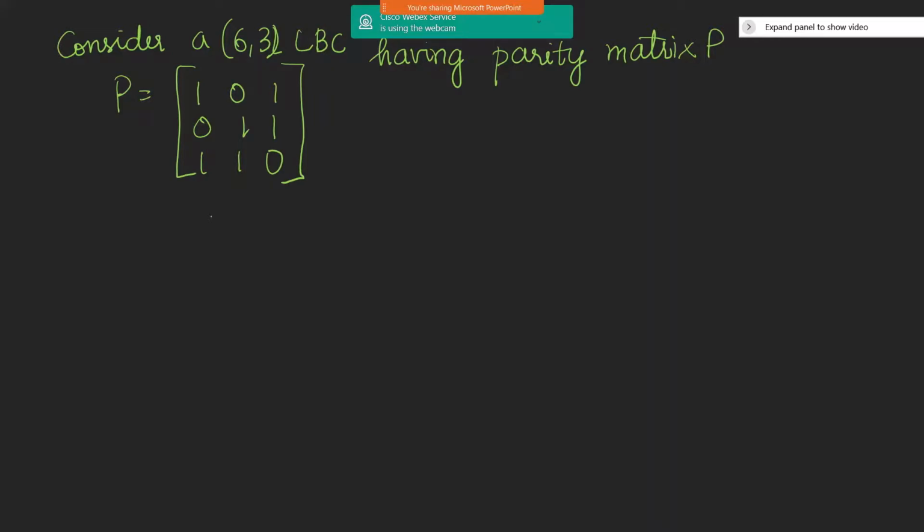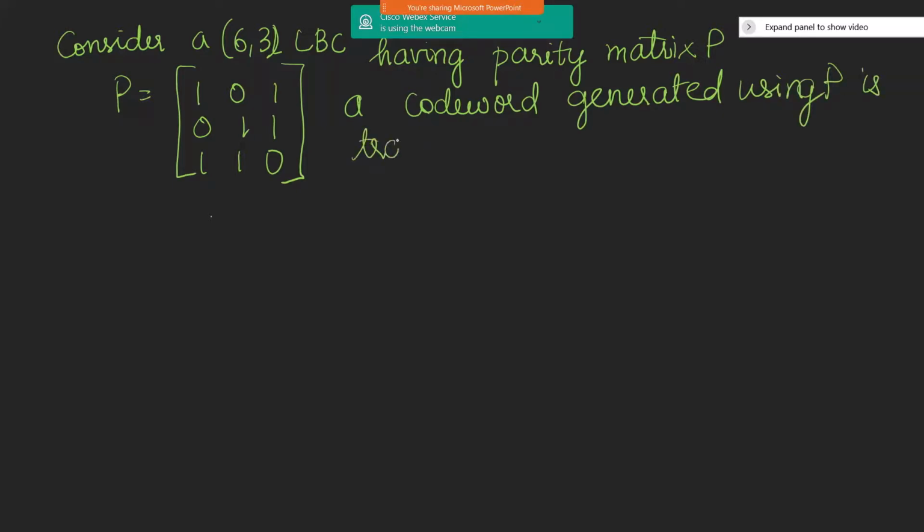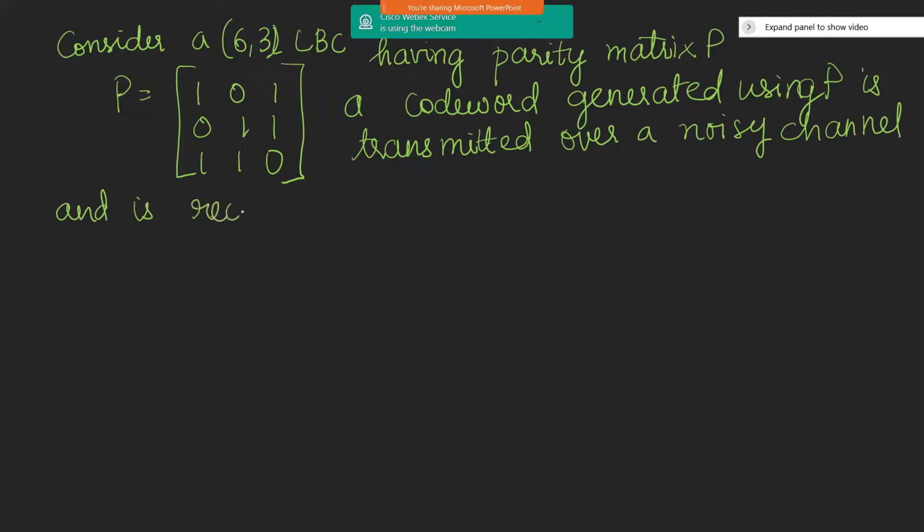Consider a 6,3 linear block code having the parity matrix P. A code word generated using P is transmitted over a noisy channel and is received as vector R, 110010.